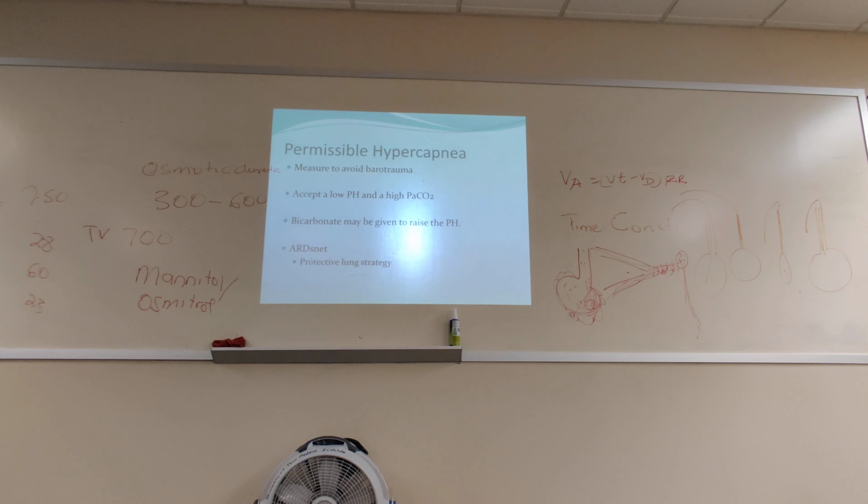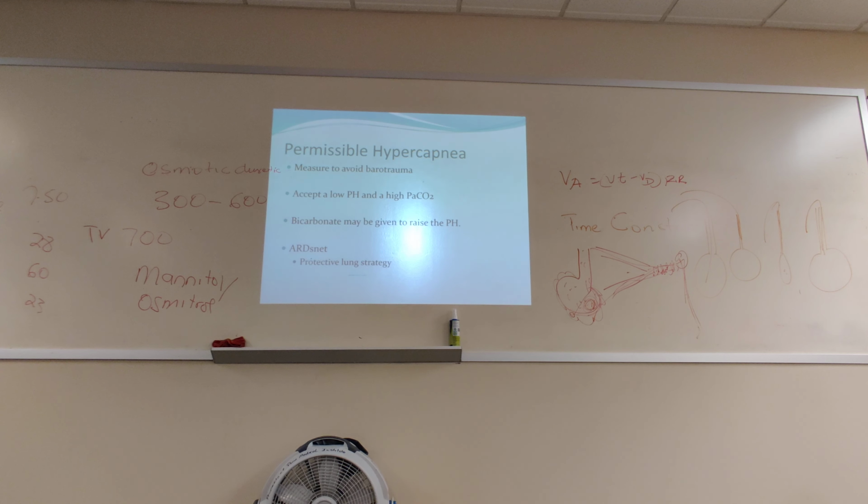And then we have permissible hypercapnia. Most patients that have very low lung compliance will require very high pressure to ventilate. If you have ARDS, adult respiratory distress syndrome, you're going to require a lot of PIP to ventilate.